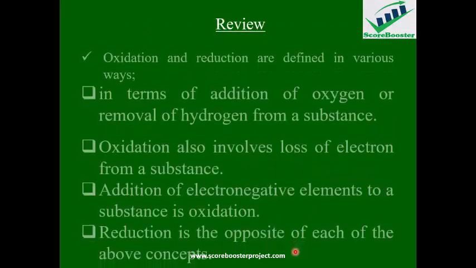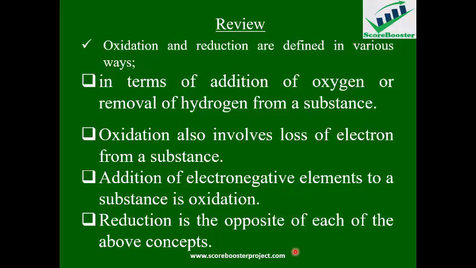Before we go on, let us have a quick recap of what we have talked about. We have defined oxidation and reduction in various ways. The first way is in terms of oxygen and removal of hydrogen. Another is the loss of electron, and the addition of electronegative elements. Reduction is exactly the opposite of oxidation.